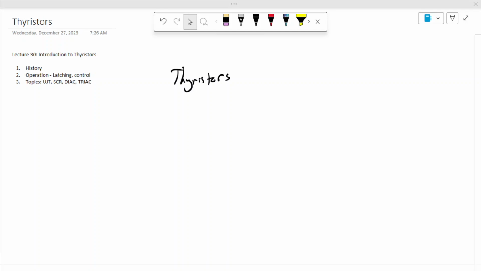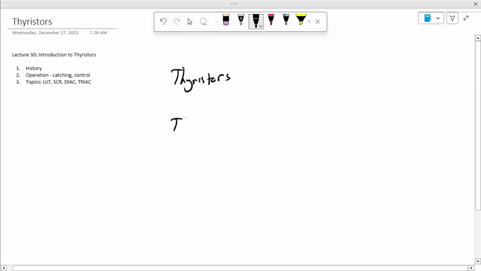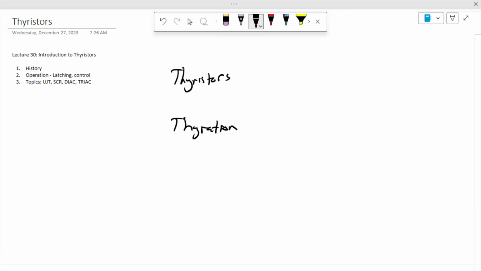Thyristors are called what they are because they are named for the thyratron. And the thyratron is an old device that was a gas-filled tube that functioned as a controlled rectifier or a high-powered switch.